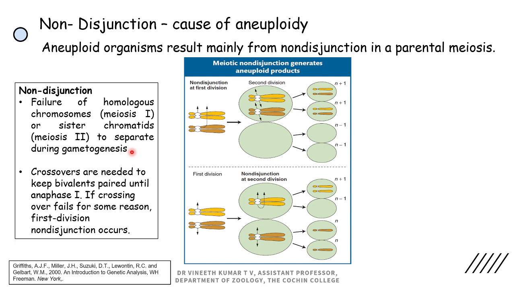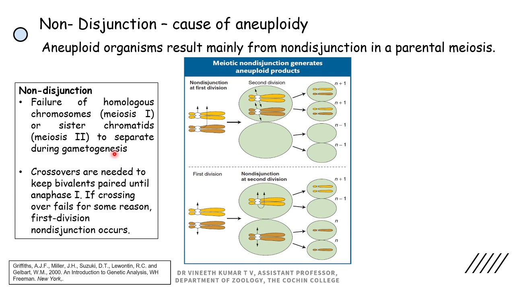Aneuploidy usually results from non-disjunction during gametogenesis, either the formation of sperms or the formation of egg.